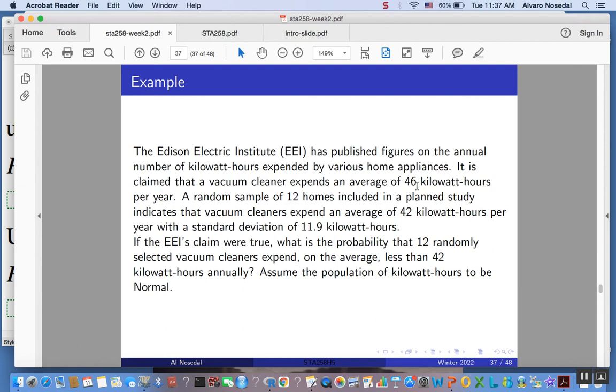We assumed a value for the mean mu. However, we didn't assume anything about the variance sigma squared. So that's why we had to use the information coming from a sample to say something about the standard deviation. So we use the sample standard deviation S.